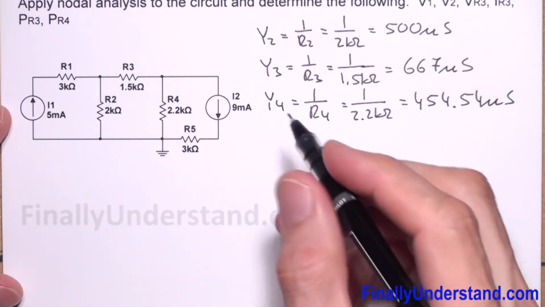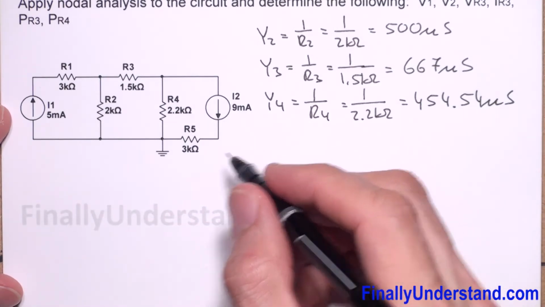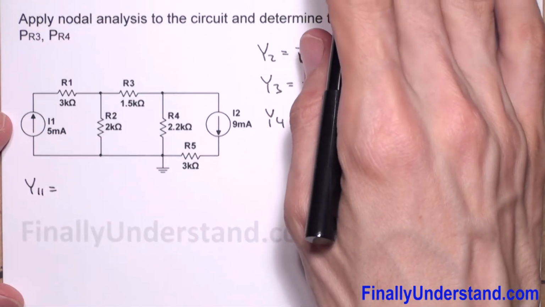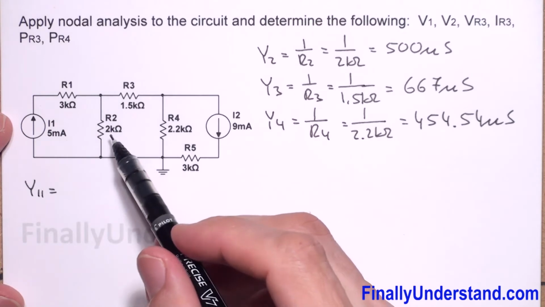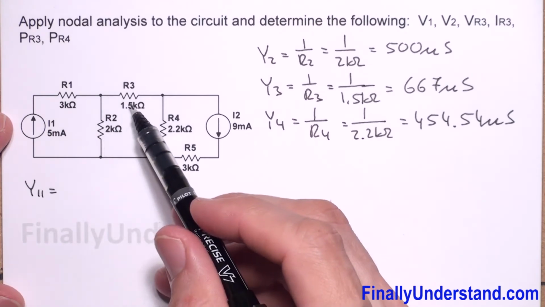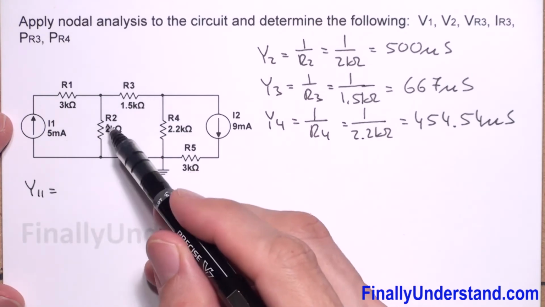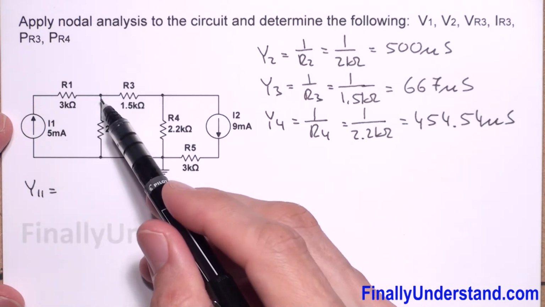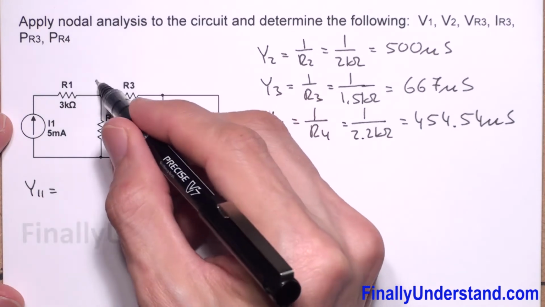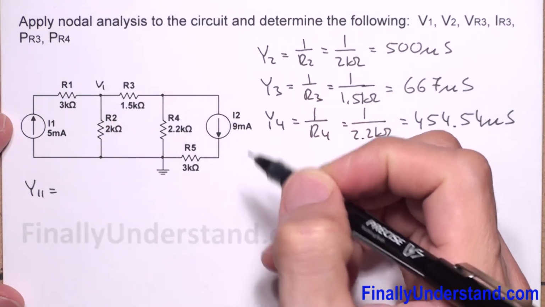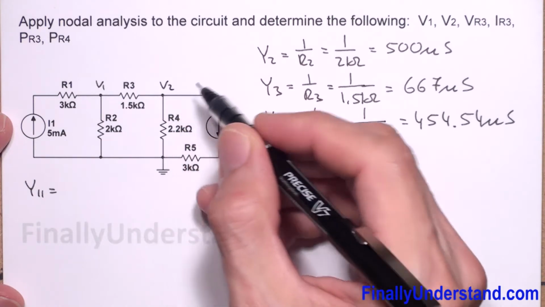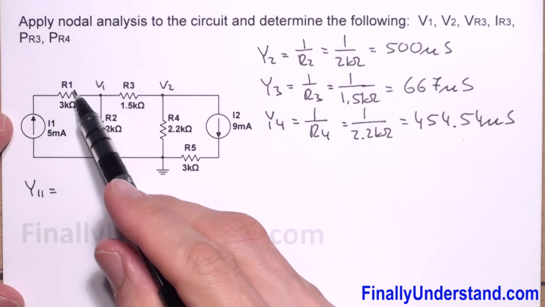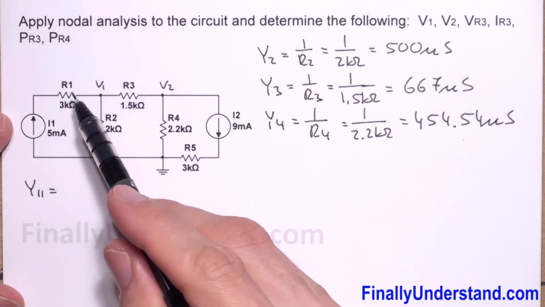Next, I'm supposed to find Y11. Let me write this over here. Y11 is the sum of the admittances, or conductances, which are connected to node 1. So this is my node 1. This is V1, and this is my V2, and this is my reference node, of course. As we said, we do not consider this resistor.